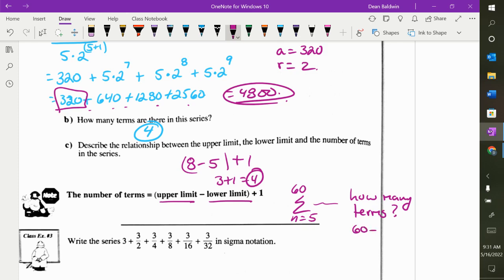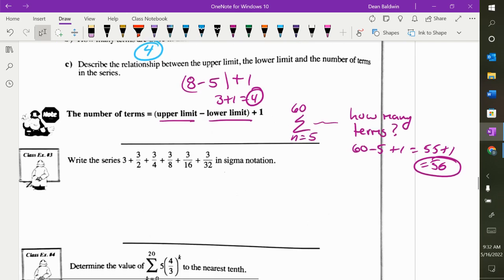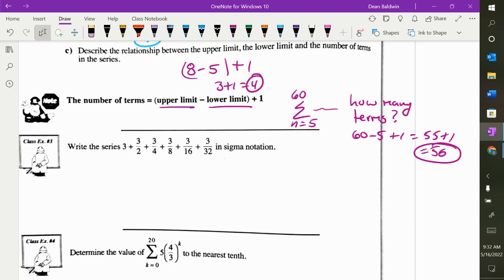You just go 60 minus 5 plus 1. So that's 55 plus 1. There's 56 terms. Okay? Top minus bottom plus 1. That'll give you the number of terms. We good so far? All right.